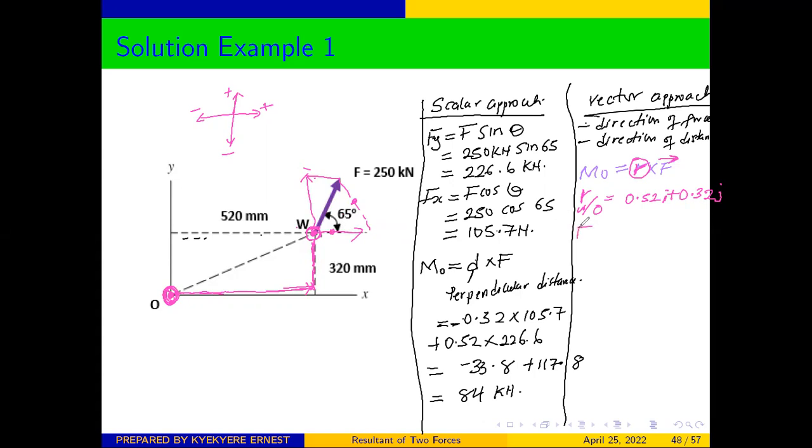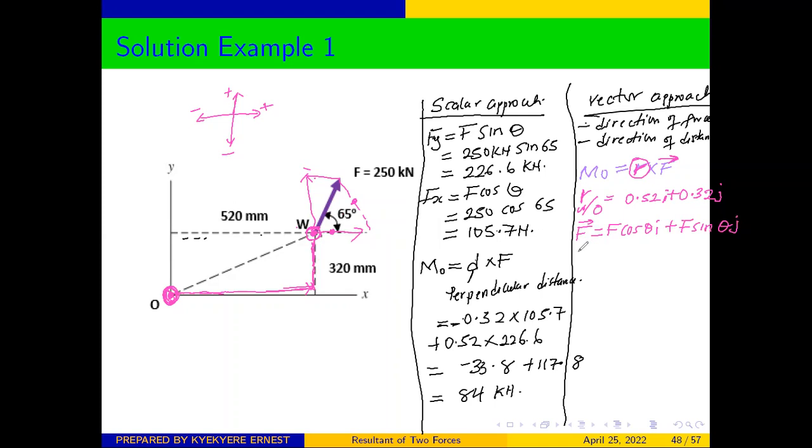So our F in the vector form will be equal to our scalar force: for the X component, we get F cos theta i, and on the Y, we get F sine theta j.